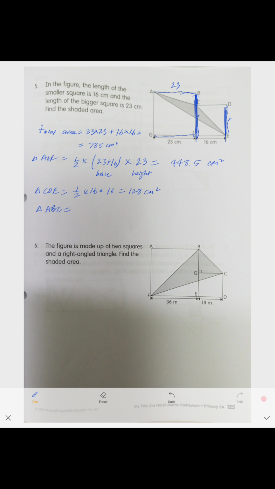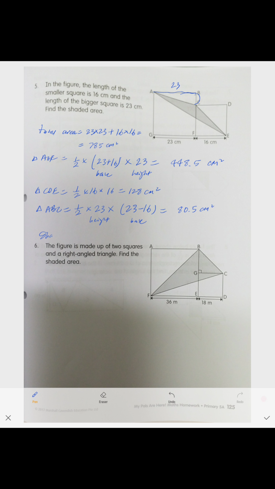And this is what we do: 1 over 2 times 23 times 23 minus 16. If it's a height, this is the base, or vice versa, it doesn't matter. If you do your math, it's gonna be 80.5 square centimeters.